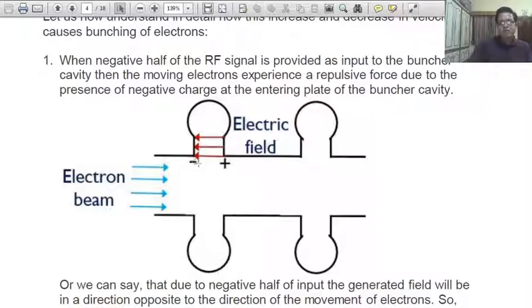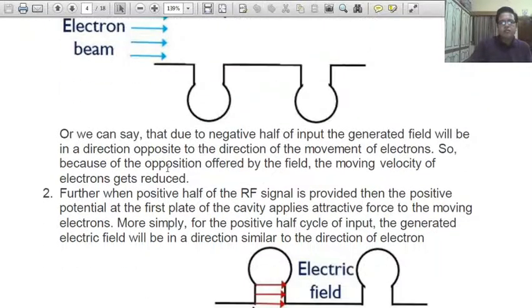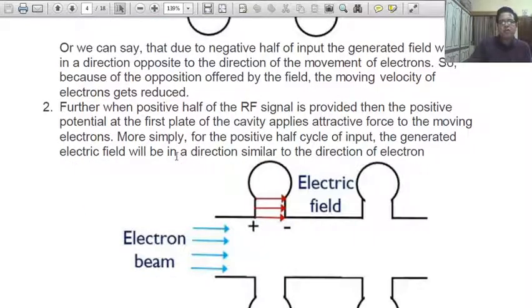Or we can say that due to the negative half of the input, the generated field will be in the opposite direction. So the electrons feel deceleration, or the velocity of the electrons is reduced.